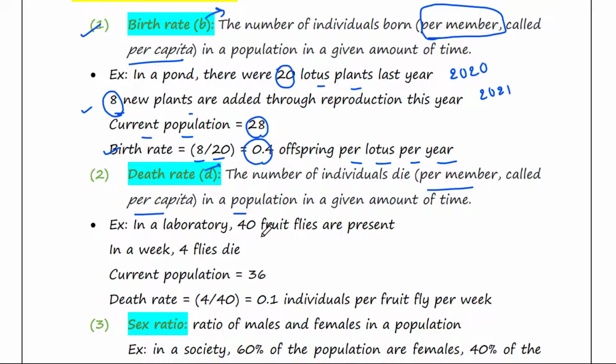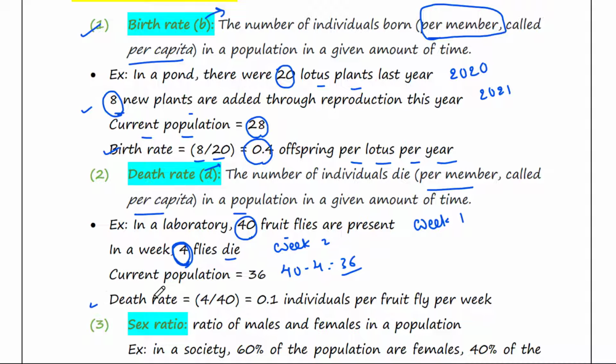Again, in a laboratory we have 40 fruit flies. Currently we have 40 fruit flies, suppose in week 1. In the next week, week 2, 4 flies die. So the current population is now 40 minus 4, which is equal to 36.